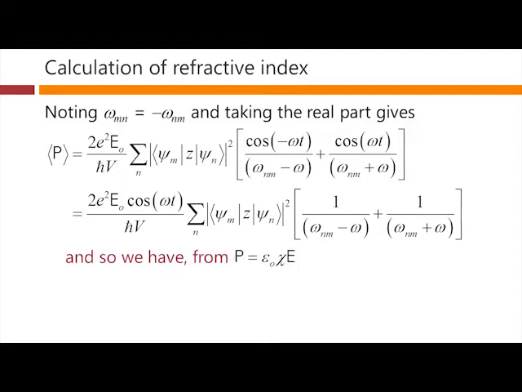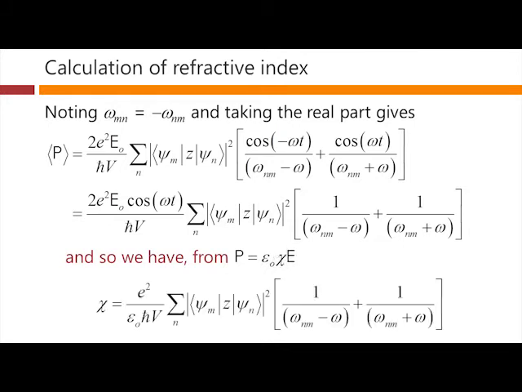So from this expression, given that the polarization is, by definition, the electric constant times the susceptibility times E, then for the susceptibility we can just cancel the original driving field, which was all of this here, 2 E naught cosine omega t. We can cancel that out, put the epsilon naught on the bottom line, and here we have our expression for chi.